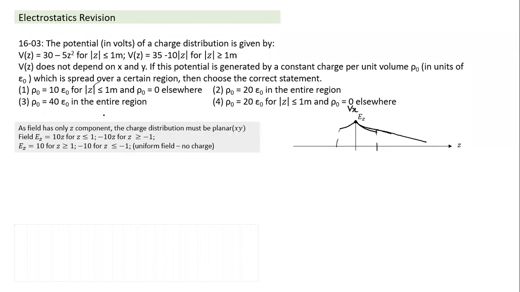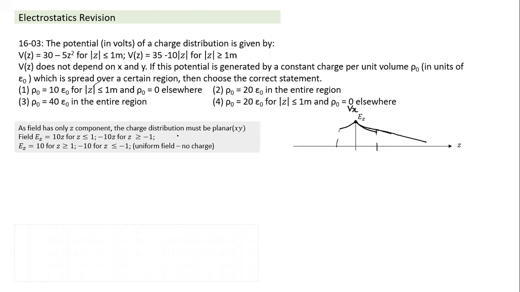So let's first understand what things are important here. What does this mean? As the field has only a z component, when do we have a field with only a z component? The charge distribution must be planar. The charge distribution must be parallel to the xy plane. We have done this twice today, so we should understand the charge distribution is a planar one. And Ez, if you have to write, from this we can first find the value of the field here.